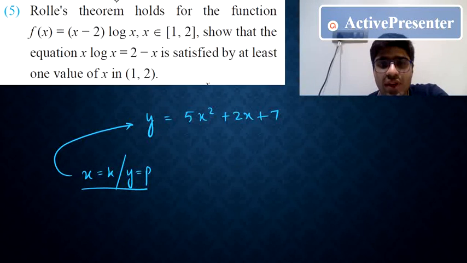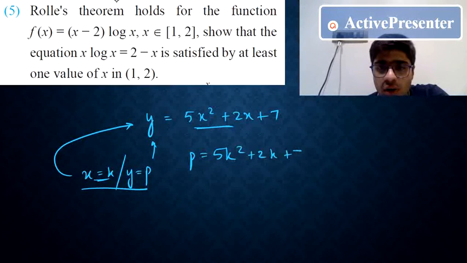If these values of x and y satisfy the given equation, you can put the value of y as p and the value of x as k, so that will give you p equal to 5k square plus 2k plus 7.